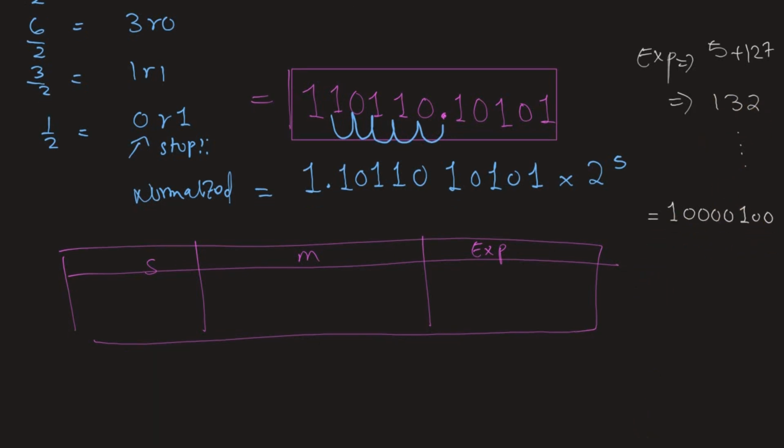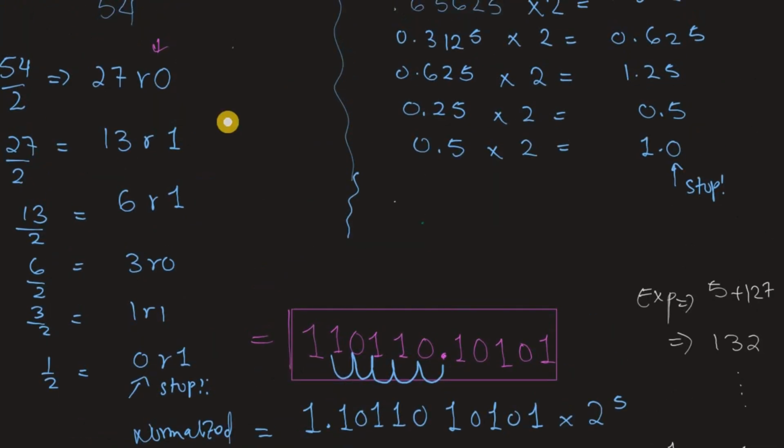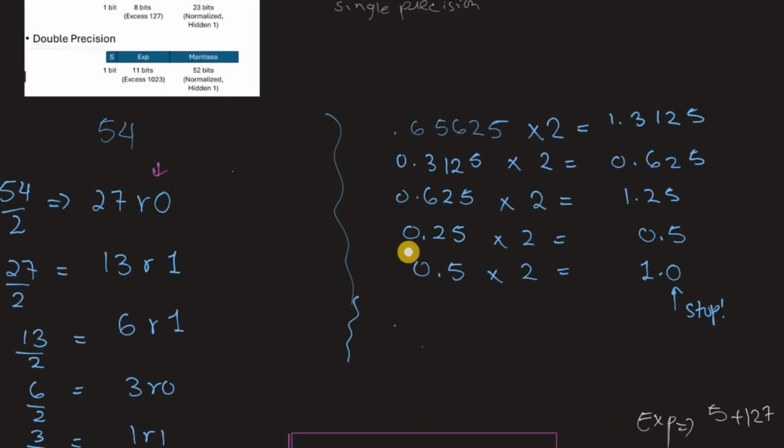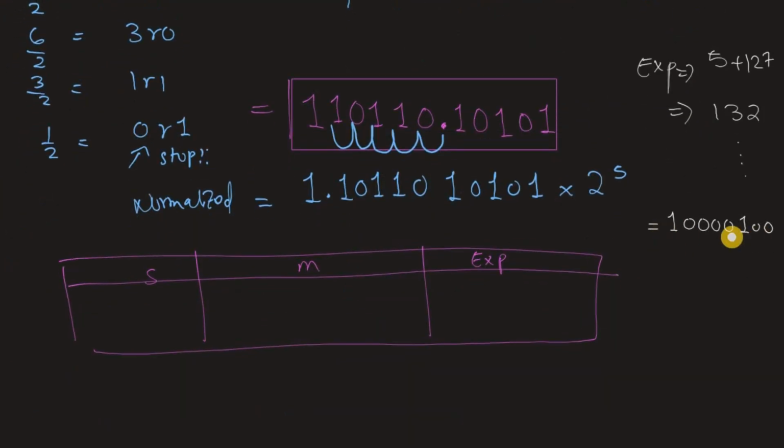Okay, so once you have written this number, you're going to check how many bits you need. For the exponent you need 11 bits. Okay, so you're going to write this number over here. We need 11 bits. How many do we actually have?